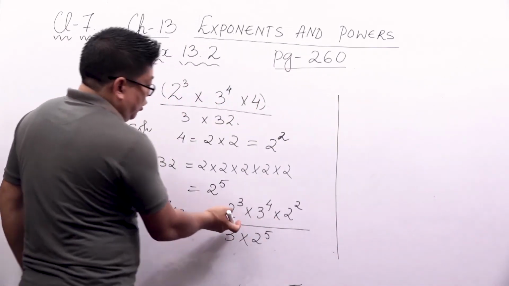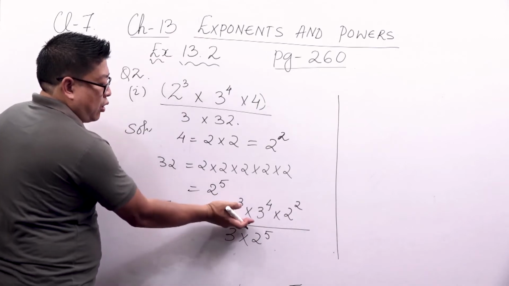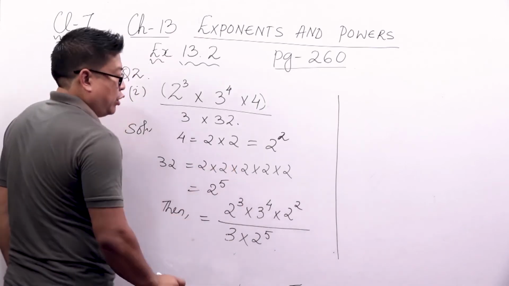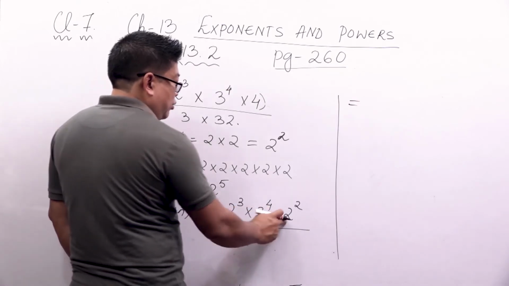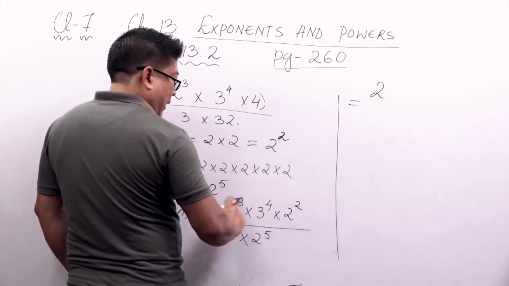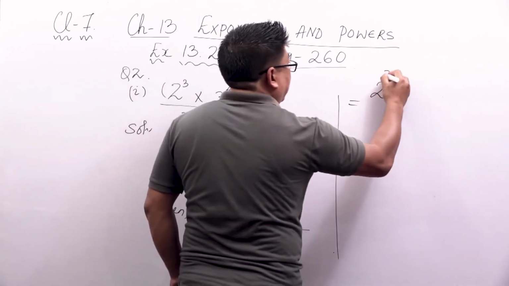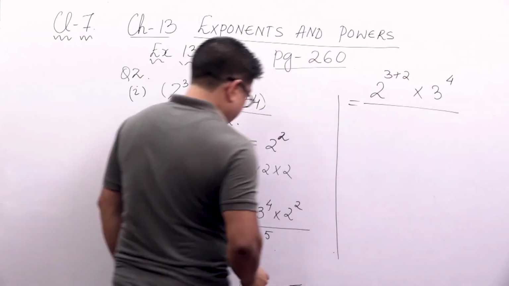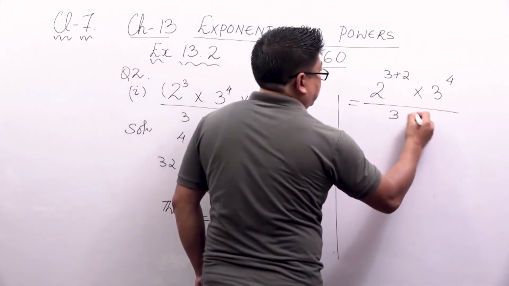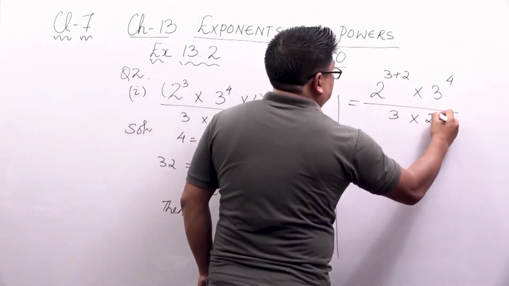Now, if you look at this expression, let's solve the numerator separately and the denominator separately. In the numerator, you have the same base 2 and both are multiplied, so add the powers. And 3 to the power 4 will remain as it is. In the denominator, different bases, so 2 to the power 5.